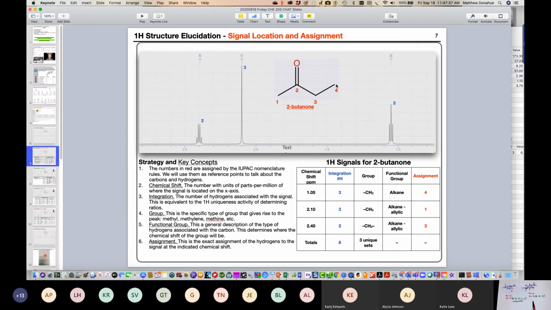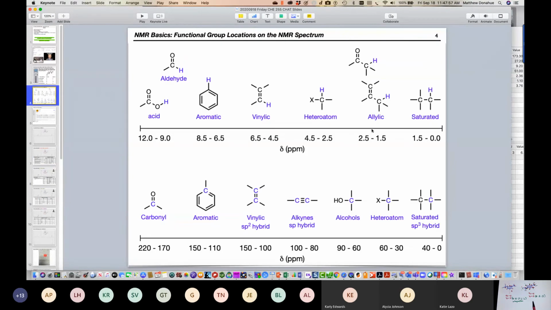This one is most different than this one and this one. So I'm calling that an alkane. And I'm assigning it to this group here, 4, this position. So how did I come up with that? Again, if we go back here, this is an sp3 hybridized carbon. So sp3 hybridized carbon has 3 hydrogens, so it should occur in that region.